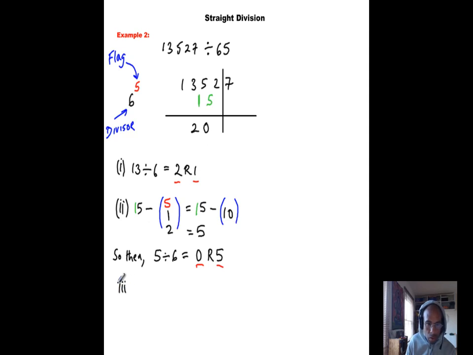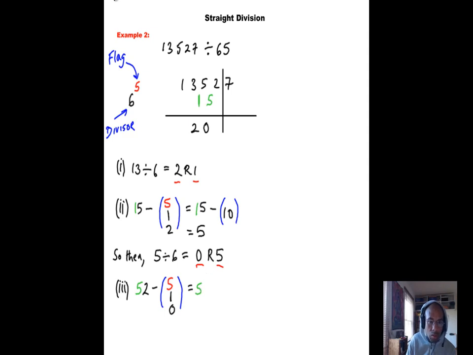Dot, dot, dot. Parentheses. Right, now stage 3, the gross dividend now is 52. So little green 5, black 2, take away in parentheses, which is blue, flag, which is 5, cross multiplication, which is in black, and our digit, in this case only a single digit, because we've got one digit on the flag, we'll put a 0 here, like so, and that's equal to, let's write it out again.